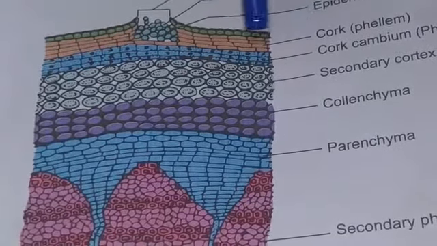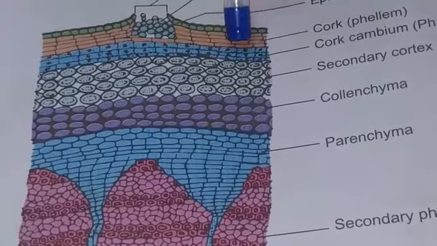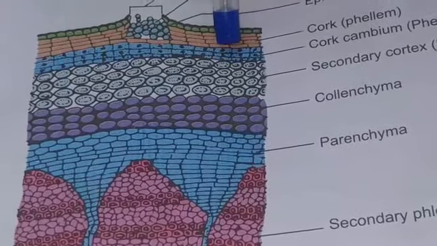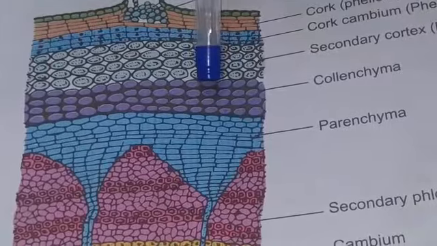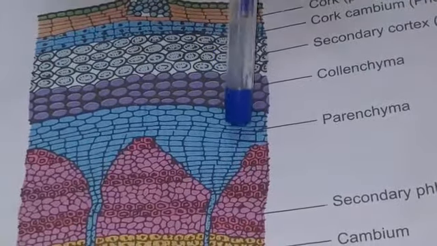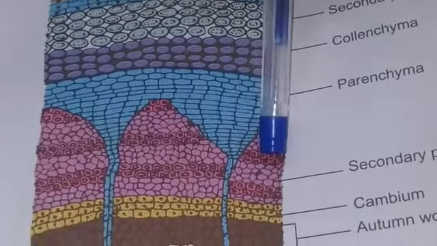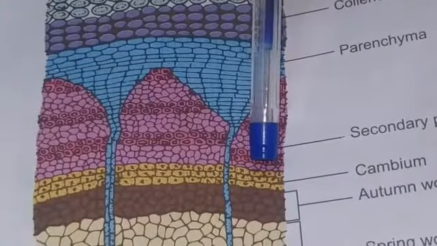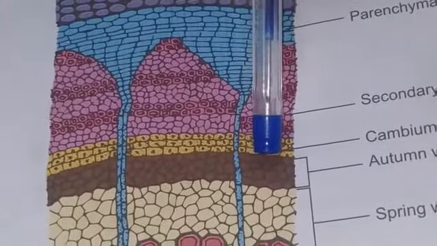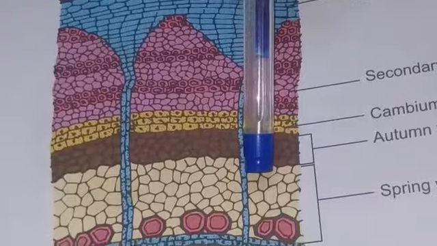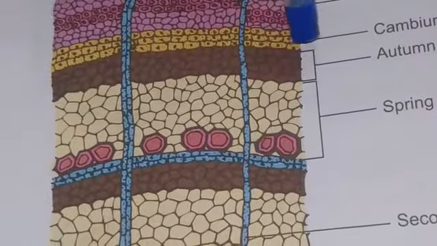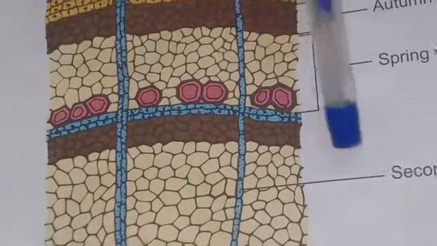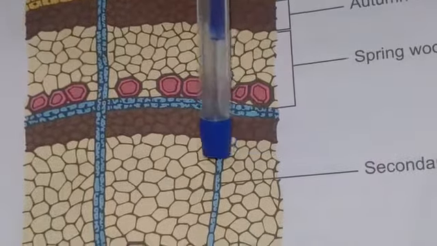The cork is also called phellem, and then cork cambium or phellogen, secondary cortex or phelloderm, collenchyma, that is hypodermis, parenchyma, secondary phloem, cambium, autumn wood, that is secondary xylem, and spring wood, that is secondary xylem, and secondary medullary rays.